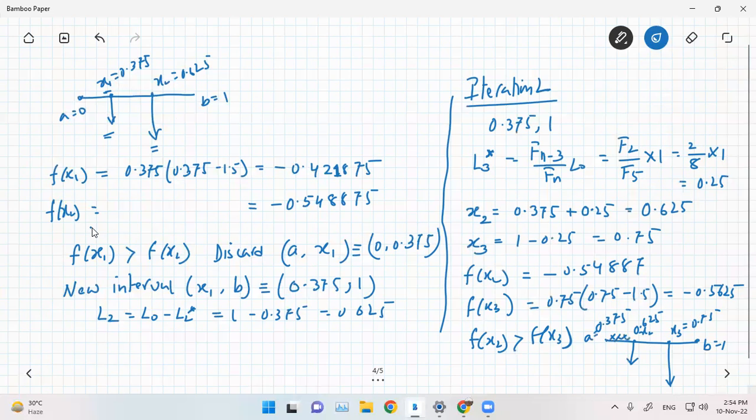So our new interval will be, you can also show the discard portion. So discard 0.375 to 0.625. So new interval will be 0.625 to 1.